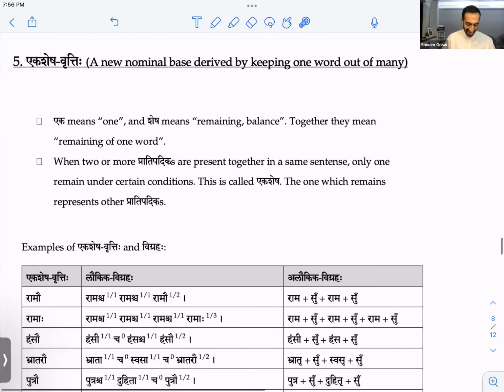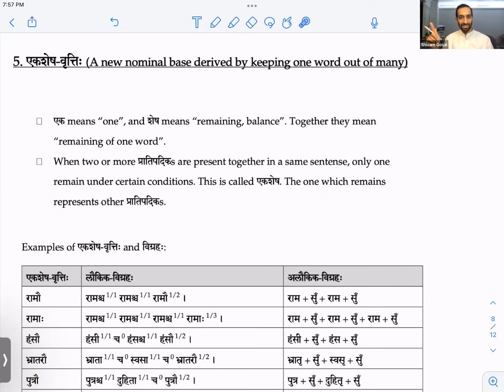Okay. Ekashesha vrittihi. Let's go through this, okay? Number 5. Ekashesha vrittihi. Repeat after me. Ekashesha vrittihi. Okay, what was the first one we saw? Sanadhyanta dhatu vrittihi. The second one we saw?